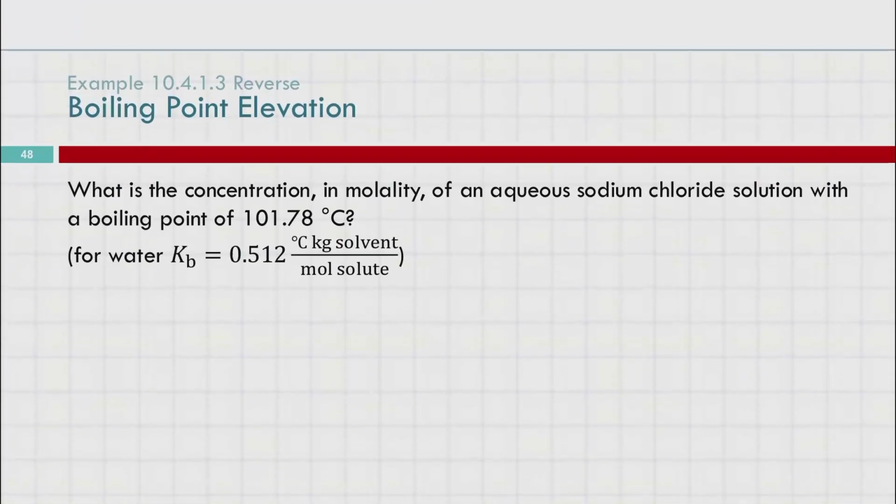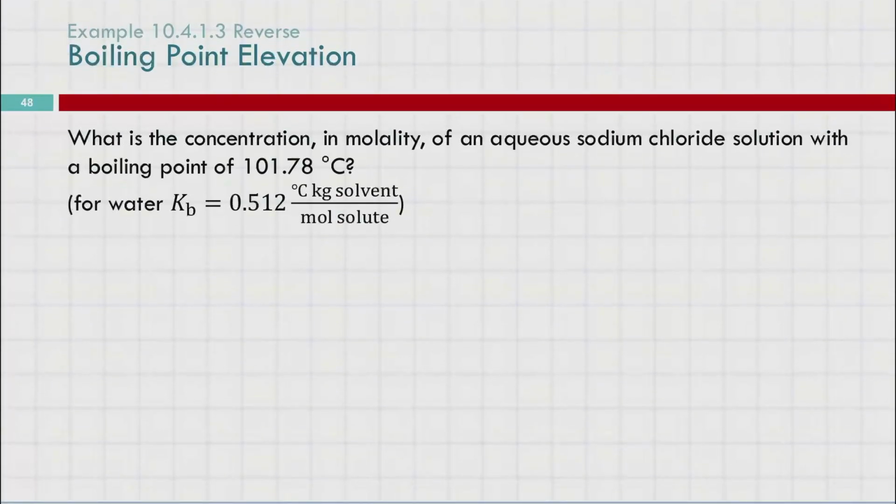Okay, so let's look at what we might do with this information. This is a different type of problem because I thought it would be silly to just make you do the same thing again. What is the concentration in molality of an aqueous sodium chloride solution with a boiling point of 101.78 degrees Celsius for water? Our Kb is given.